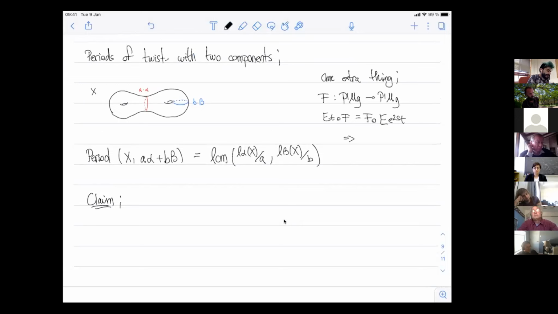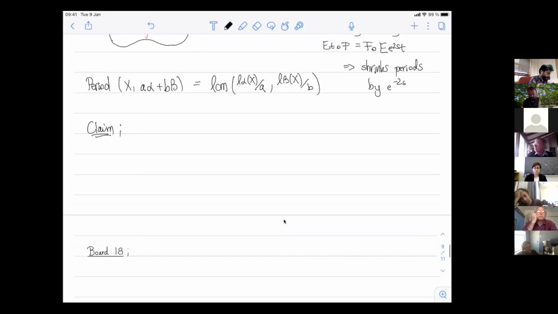Just from that identity, you can see that it shrinks periods by e to the minus 2s. So you know a lot about periods. You know periods of orbits where you twist along one curve, periods of orbits when you twist along two curves, and you know that your map shrinks periods. So you can play around with periods and start deducing a lot of stuff.